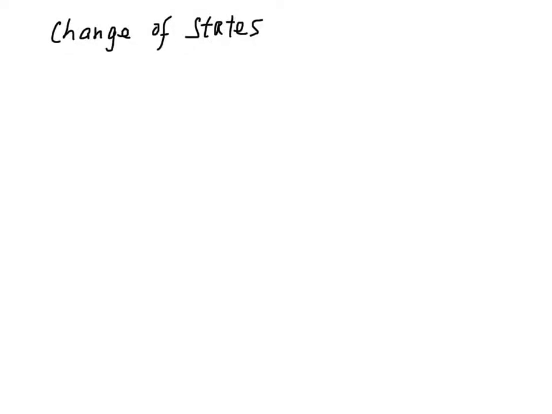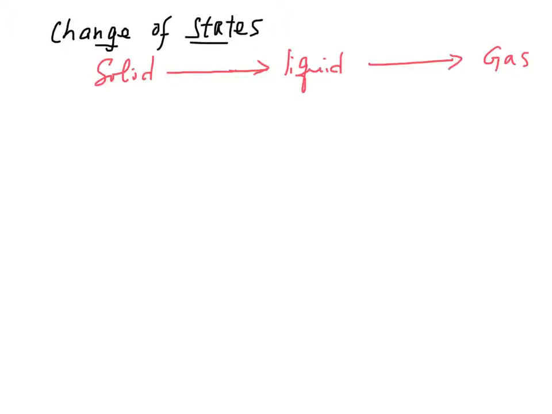In this section, you will learn about change of state of matter. There are three states of matter, namely solid state, liquid state, and gas state. When a solid is changing to a liquid, we say it is melting.